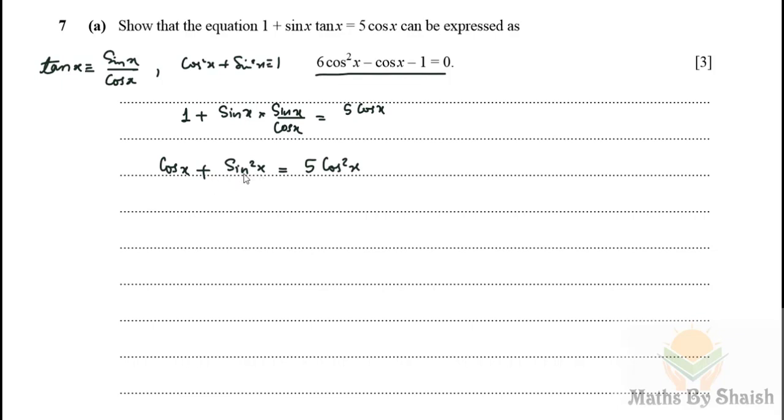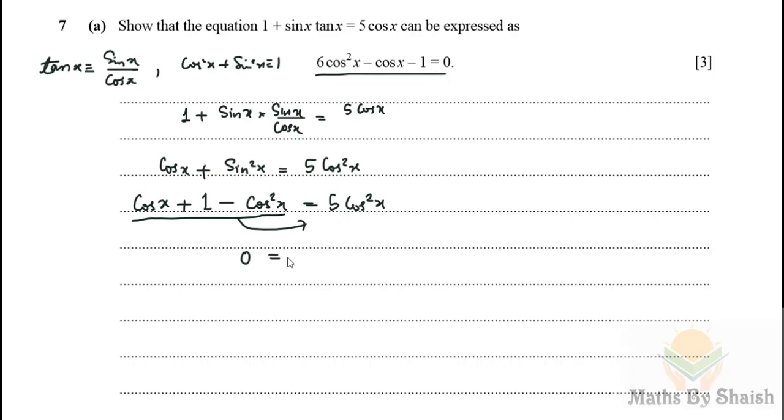Now sine square x is 1 minus cos square x, another identity, so it is cos x plus 1 minus cos square x is equal to 5 cos square x. Let's translate everything to the other side.